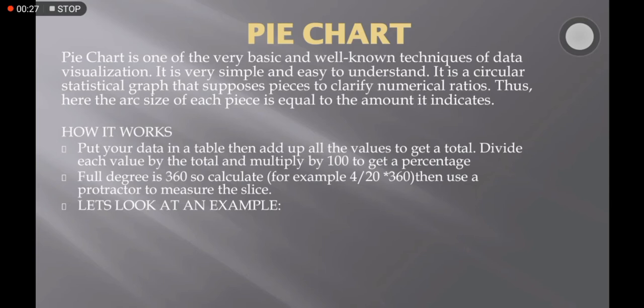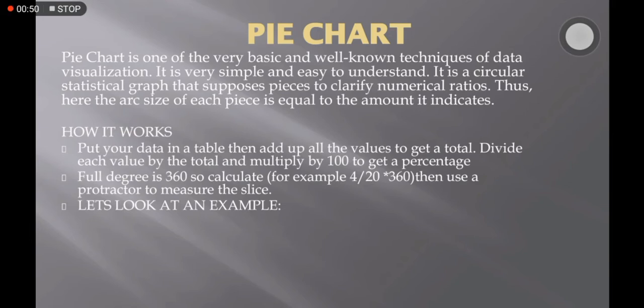So here is how it works. Put your data in a table, then add up all the values to get a total. Divide each value by the total and multiply by 100 to get a percentage. The total degrees is 360, so calculate, for example, 4 over 20 times 360. Then use a protractor to measure the slice.